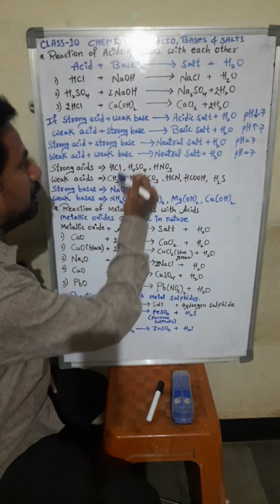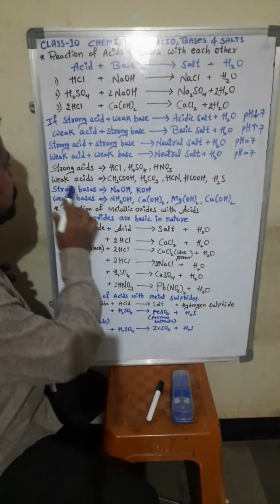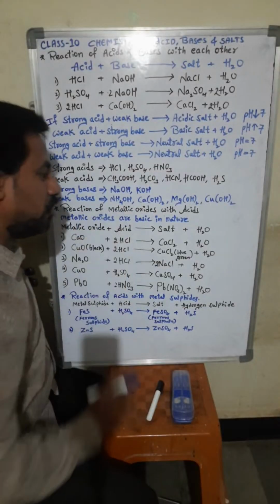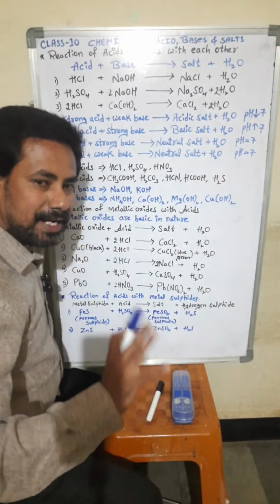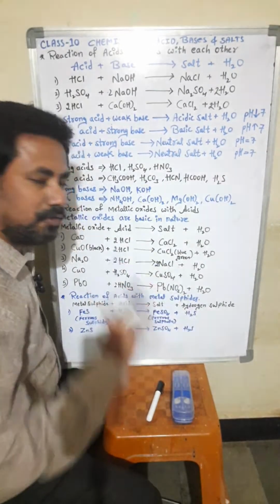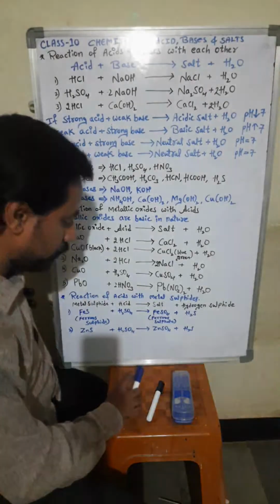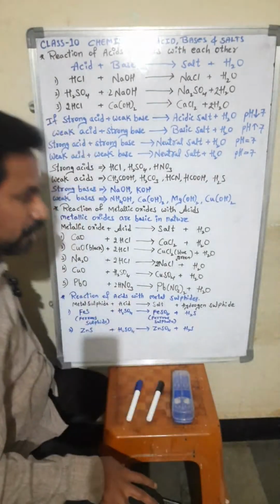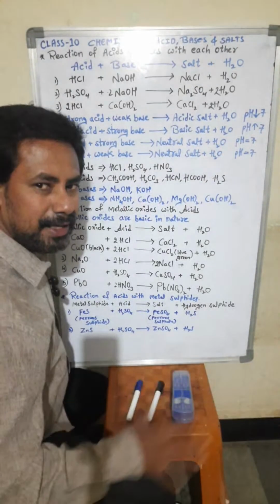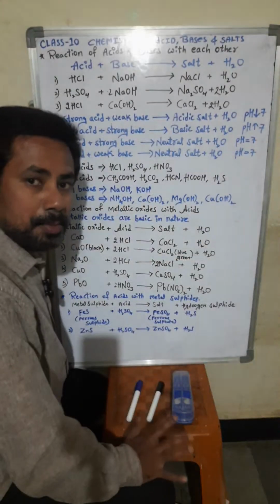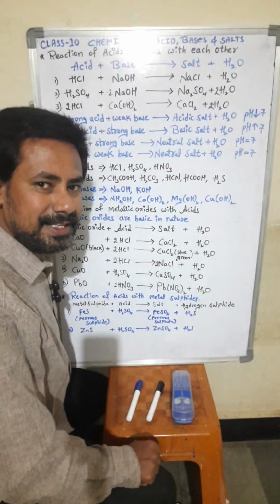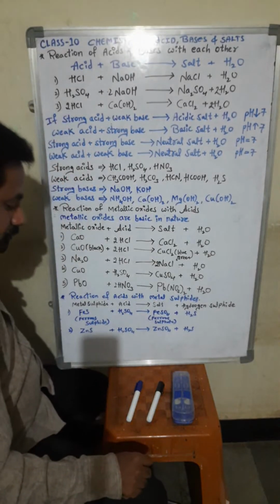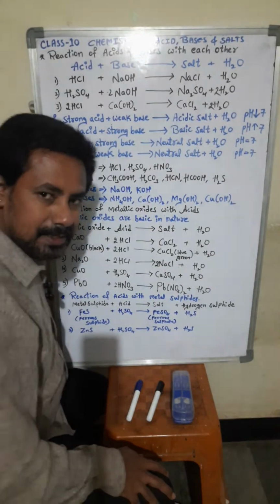And next, reaction of metallic oxides with acids. When metallic oxides react with acids, what will form? So let's see in today's topic. So many things we are going to see. Within 30 minutes I am going to cover so much topic, and I will make it very easy. Okay, let's continue, students.